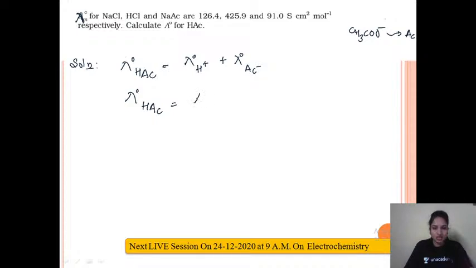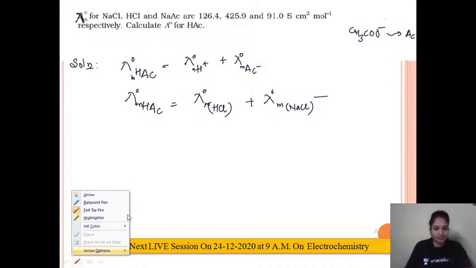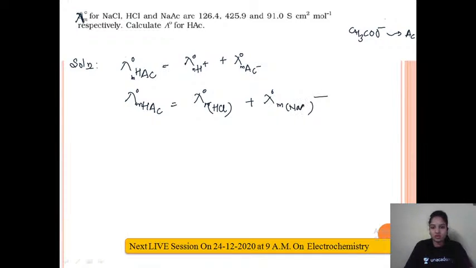So if I take lambda naught M of HCl plus lambda naught M for NaAC minus lambda naught M for NaCl.